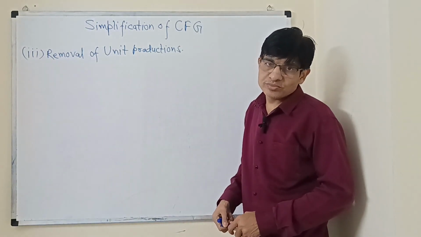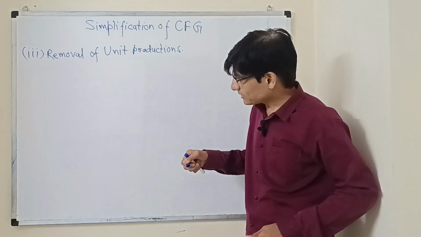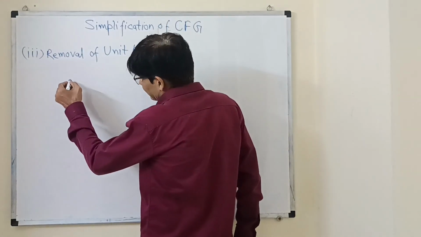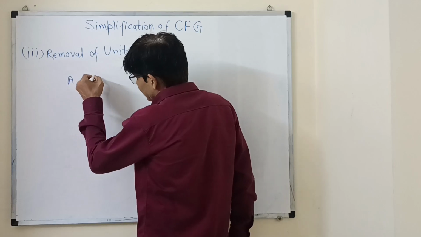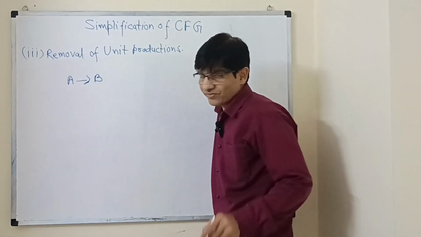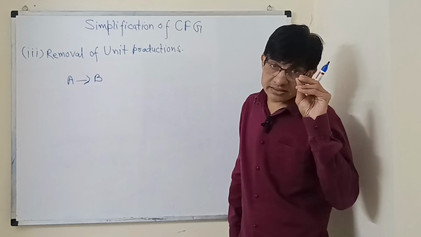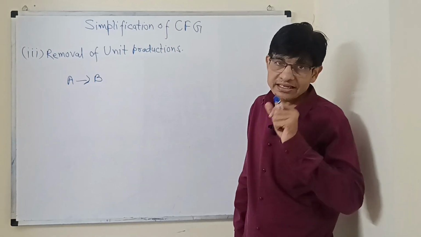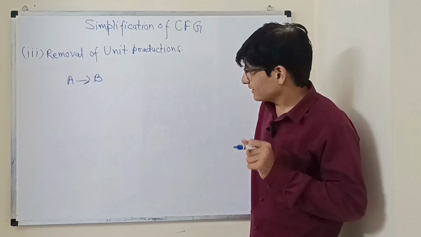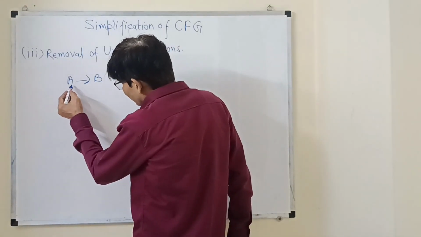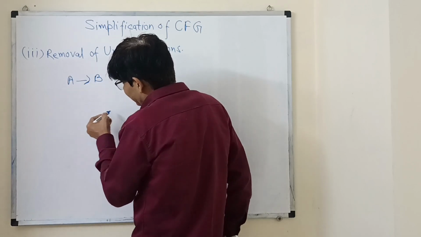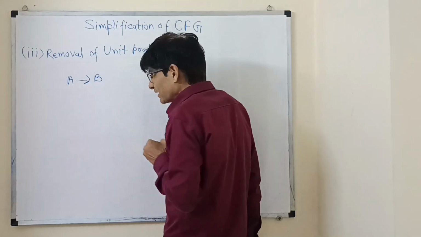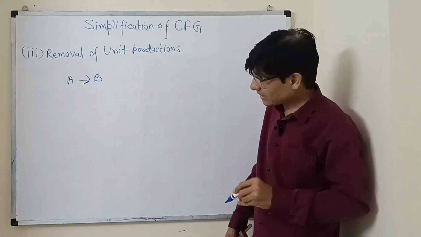First of all, you must know what you mean by unit production. Suppose there are productions like A gives B, where we have only one symbol, which is a variable, on both the left hand side and right hand side. So one variable is generating another.